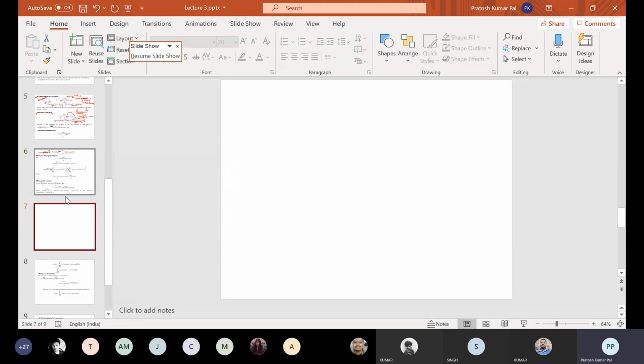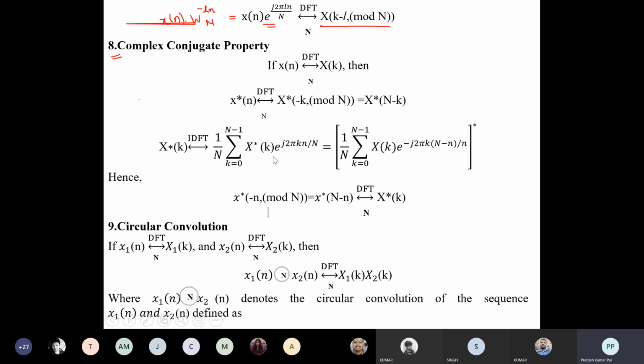So we will see what is complex conjugate property.